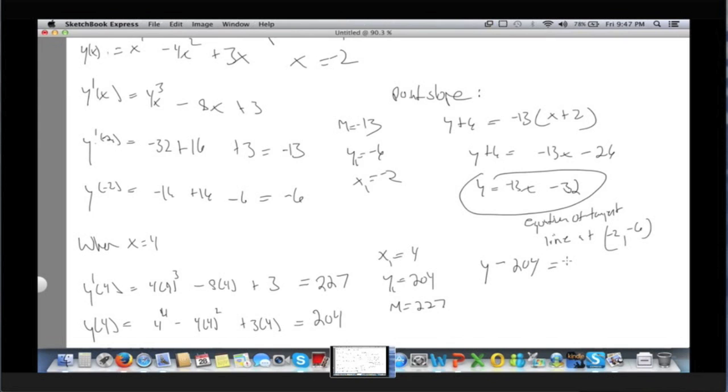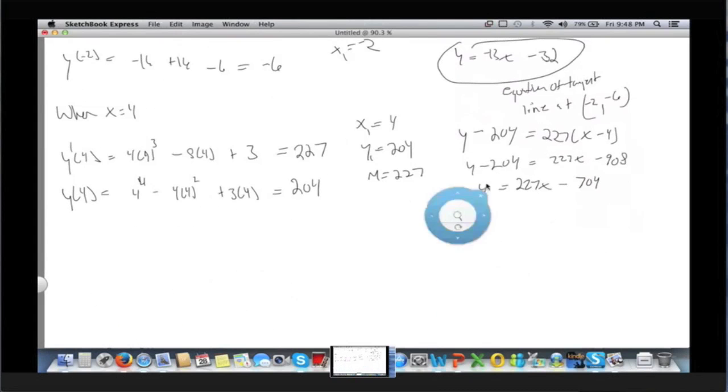Good. Plus 204. Okay, here's the slope. Sorry, not the slope.